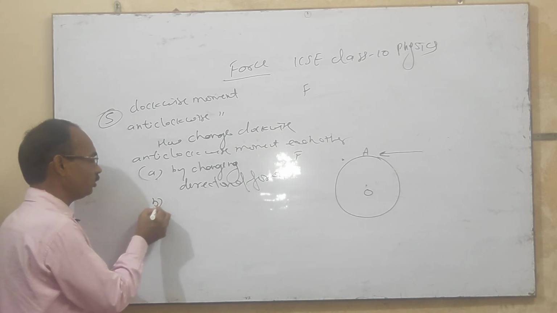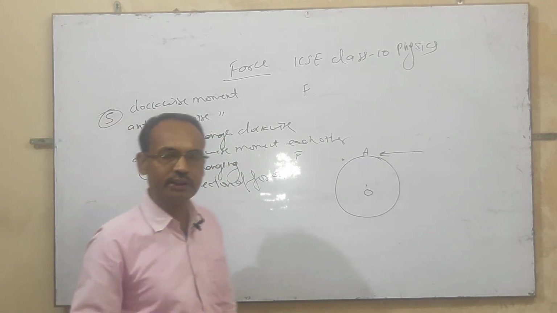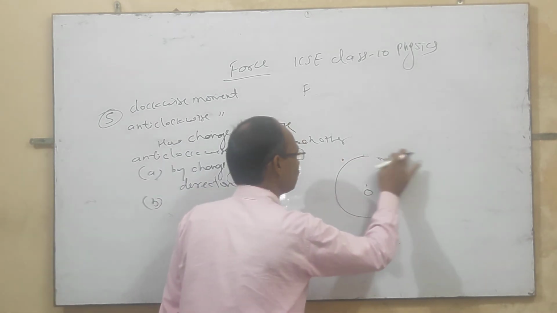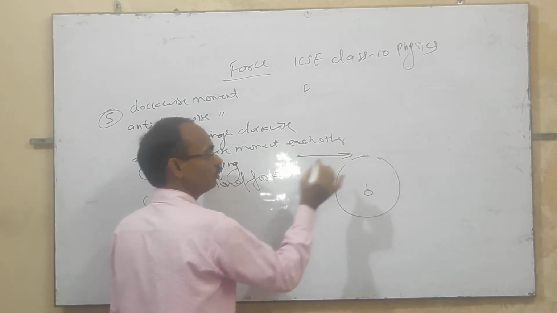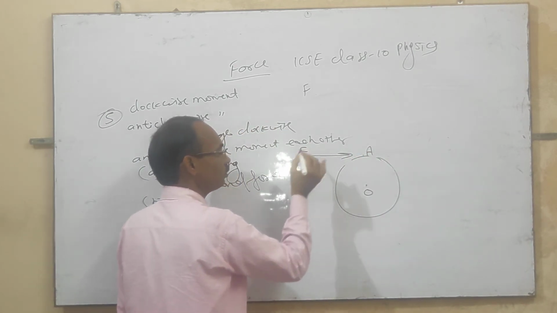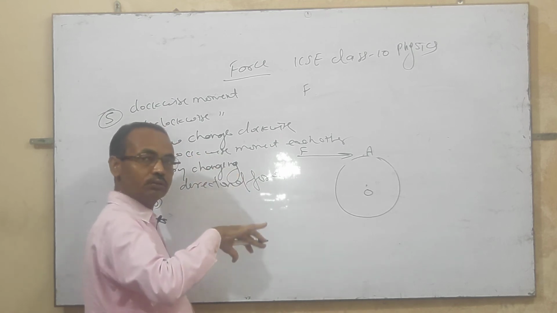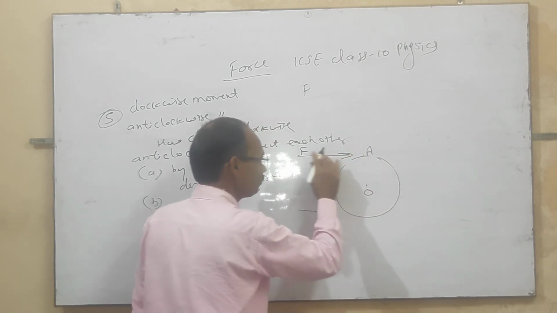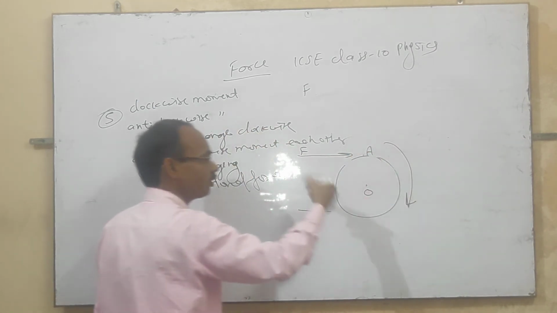And the second point, you can also change clockwise to anti-clockwise and anti-clockwise to clockwise without changing the direction of force, but by changing the point of application. If the direction of force is this, then the body will move clockwise.